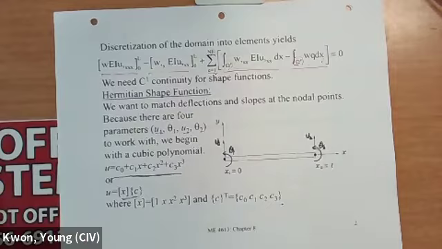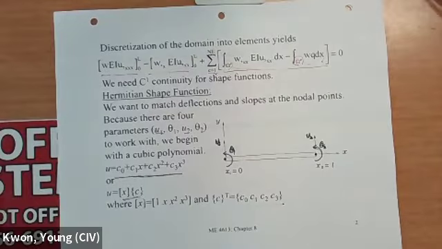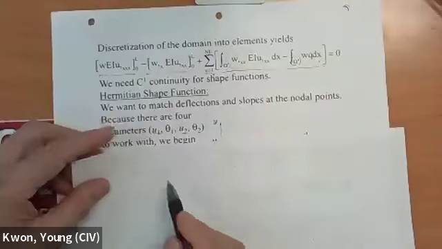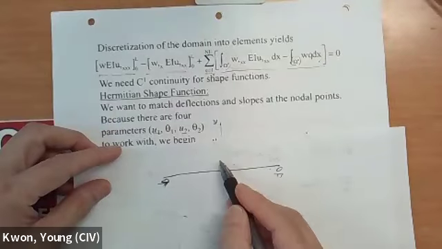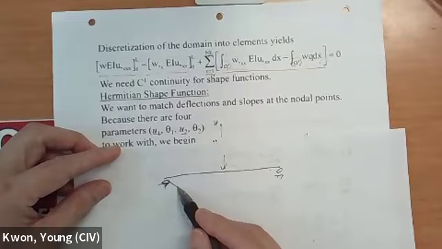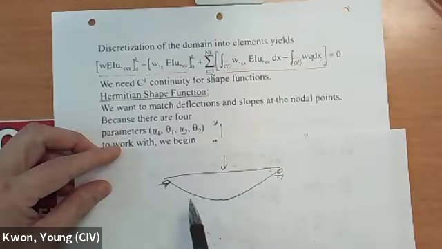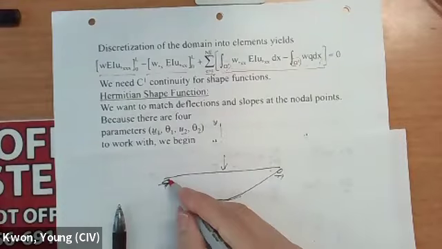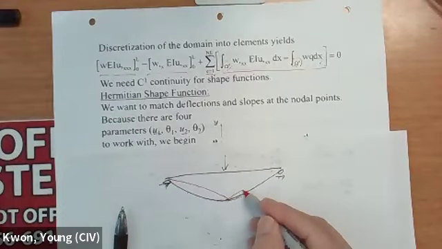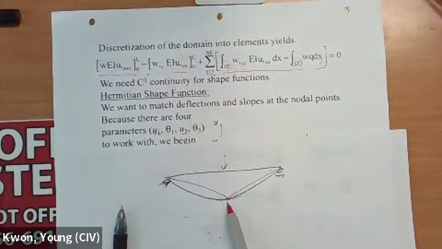The reason I talk about it is that the proper shape of a beam deflection, if this is the beam and you apply a load, has to be smooth like this. So not only is the deflection continuous, but the slope has to be continuous. You cannot have this kind of deformation, like a sharp corner here.